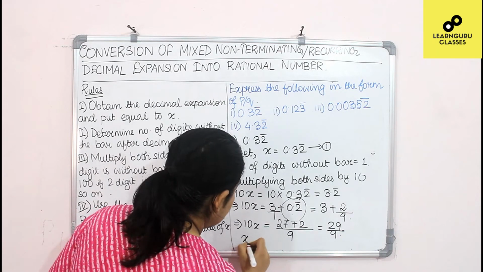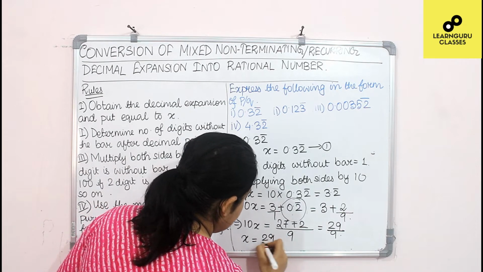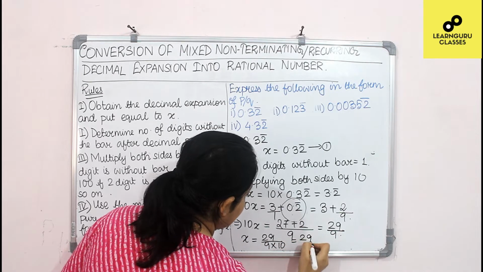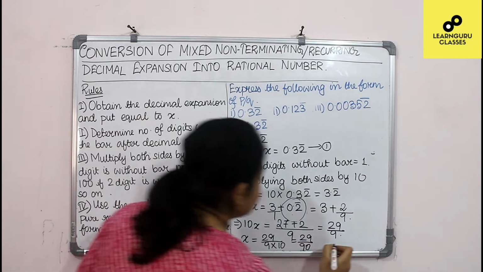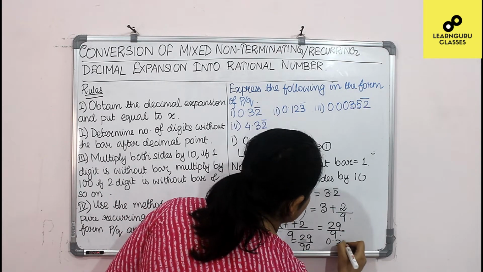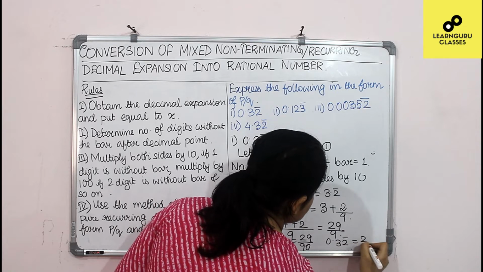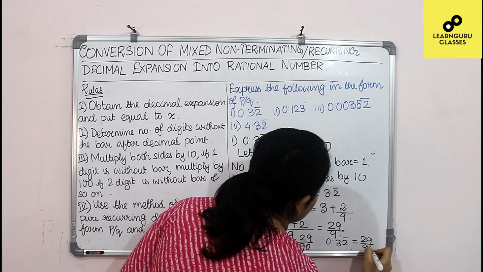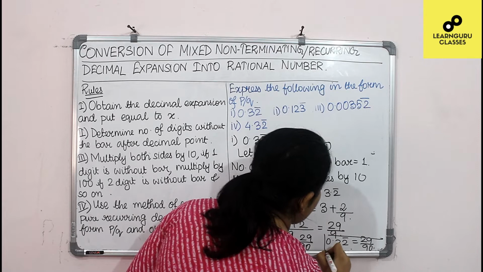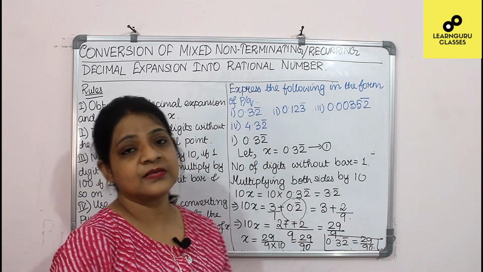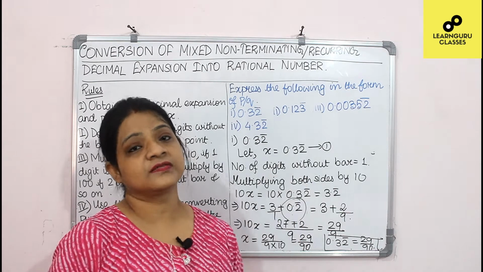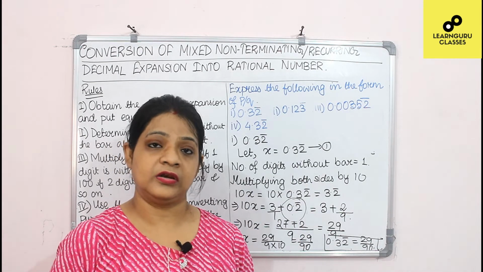So x will be 29 by 9 into 10, that is 29 by 90. So the equivalent of 0.32 bar is 29 by 90. So this is the rational equivalent of this decimal number 0.32 bar.